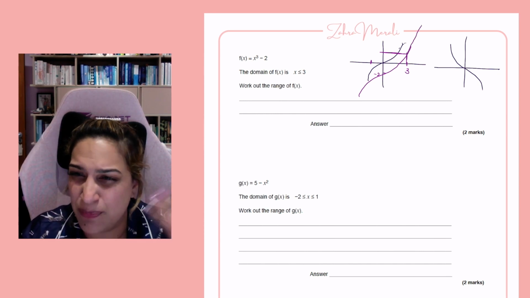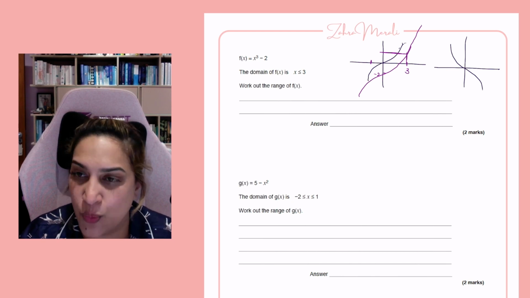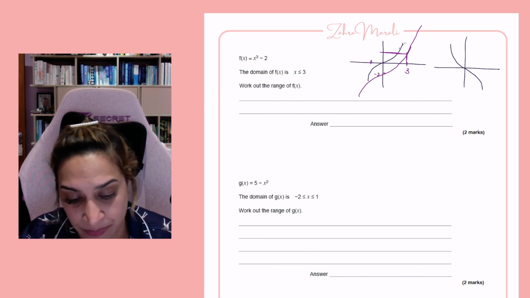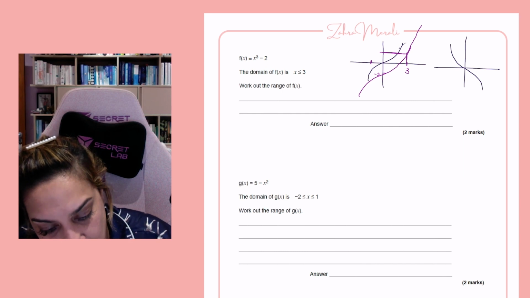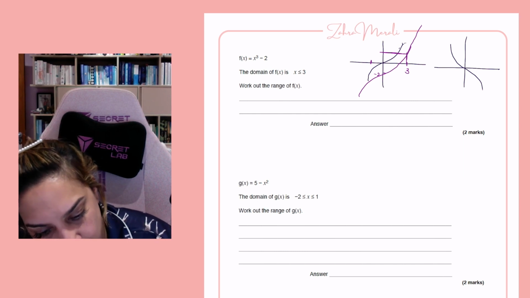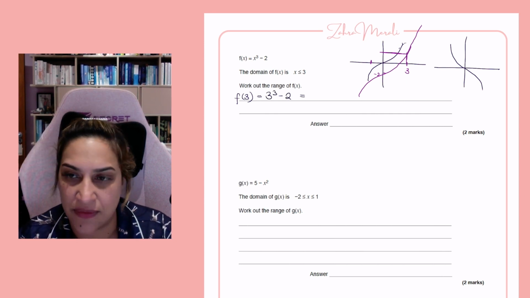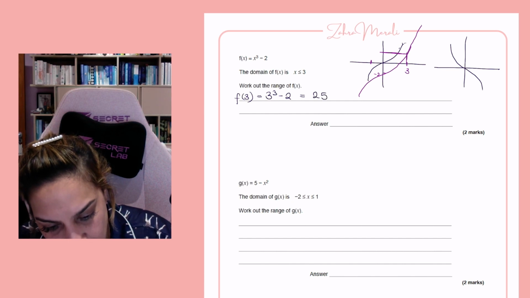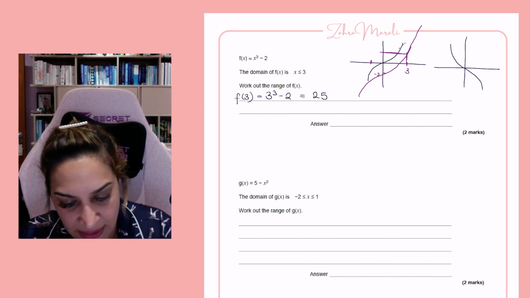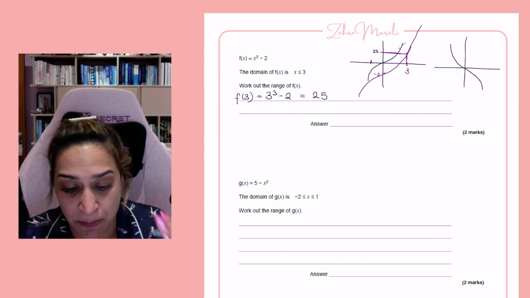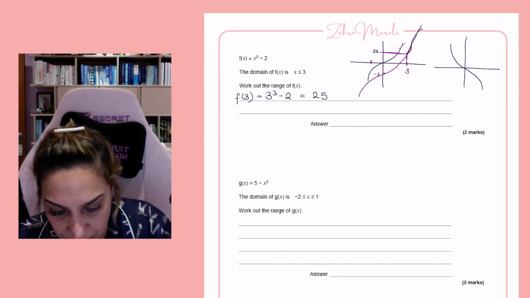Because we can picture the graph, it makes working out domains and ranges really easy. So all we're going to do is say f of 3 equals 3 cubed minus 2, right? So 27 minus 2, which is 25. If it was bigger than 3, it would be everything bigger than that.